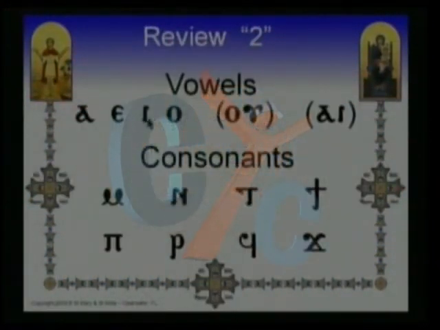As we said, these are the vowels, the A, E, O, and then the combination of these two letters gives you the vowel sound of oo. Also, if this iota comes after or before another vowel, it's pronounced like the English Y. So alpha and iota would be I. And these consonants, these look like the English ones, the me and ni.